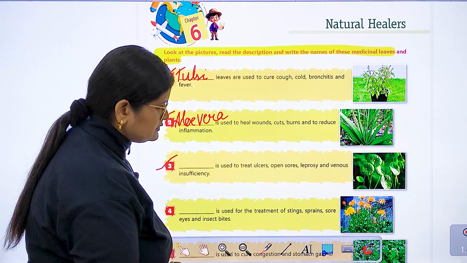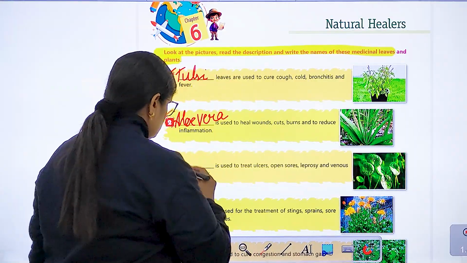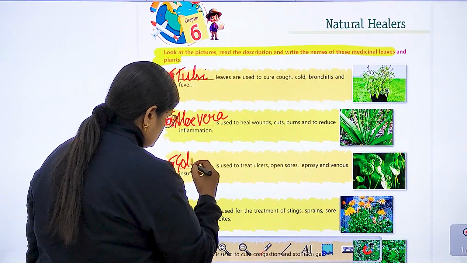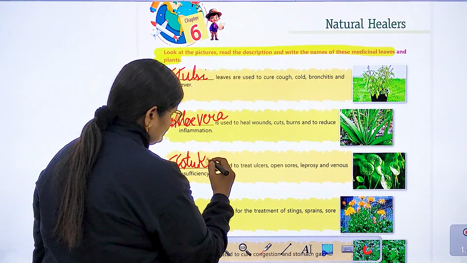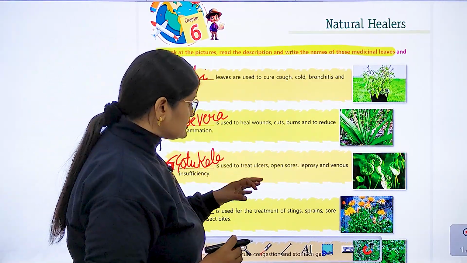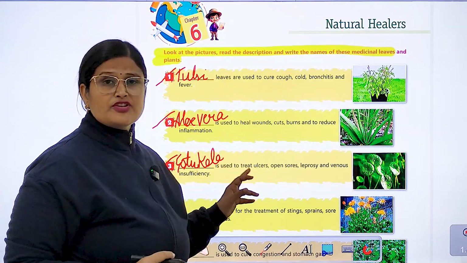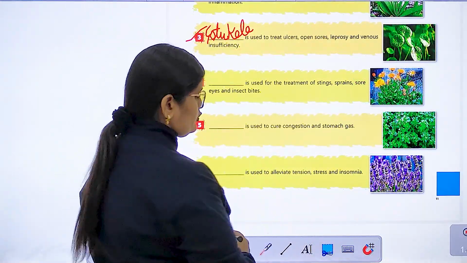Number 3, it is gotu kola. Is used to treat ulcers, open sores, leprosy, and venous insufficiency. Next, number 4.